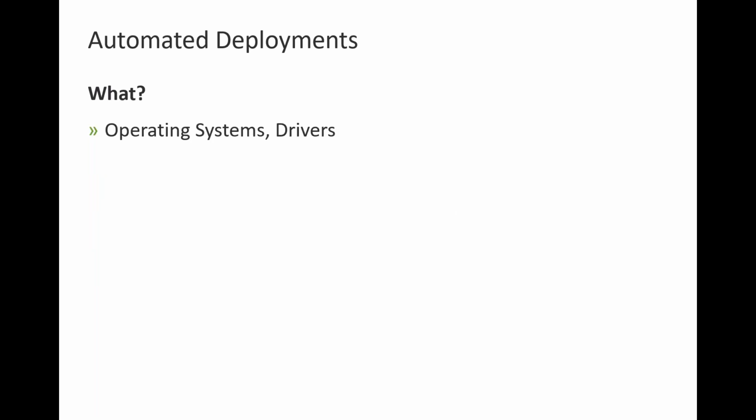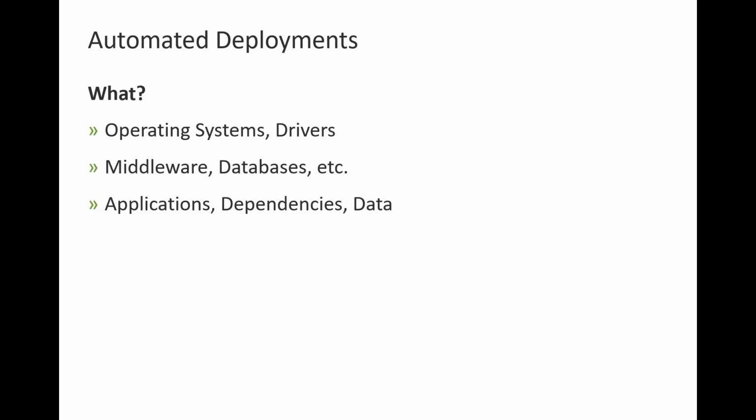What we need to automate is the systems, the drivers, the packages, the services, and the security or users. Everything comes under the automation process: the middleware servers, the database servers, the applications which are going to be deployed, application-related dependencies, and the data, some integration test cases.